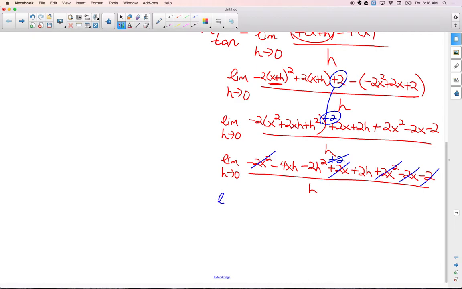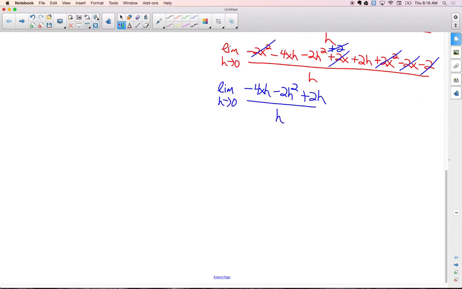So now we have the limit as h approaches 0 of negative 4xh minus 2h squared plus 2h all over h. And what can you do now? Factor out an h. So we have the limit as h approaches 0 of h times negative 4x minus 2h plus 2.